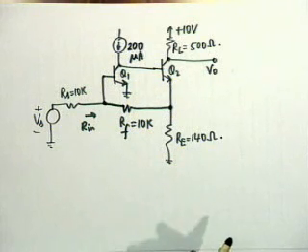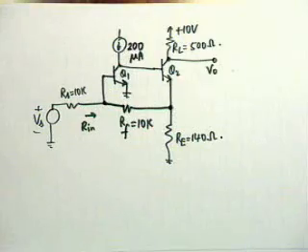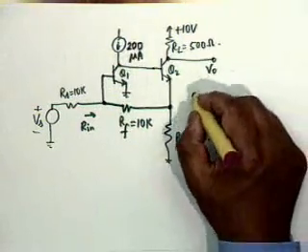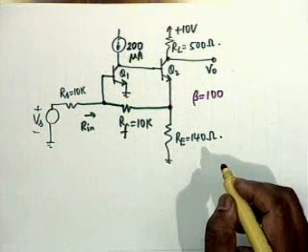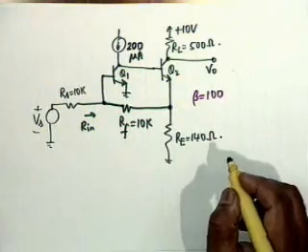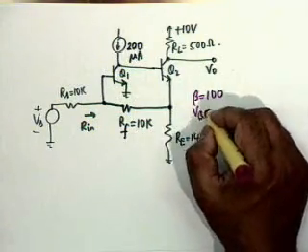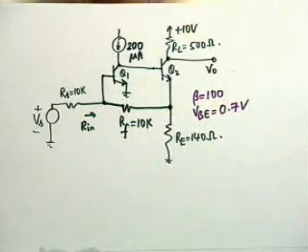The problem is, alright, you require some data. Beta is equal to 100 for both the transistors. What else do you need? And VBE. You can assume the VBE to be 0.7 for both the transistors, 0.7 volt.